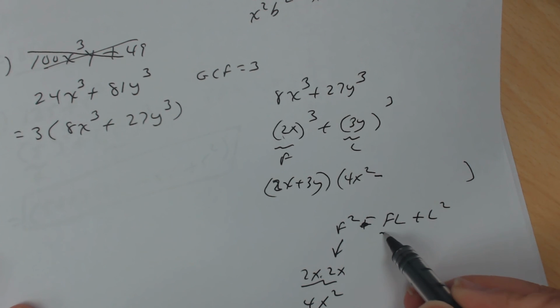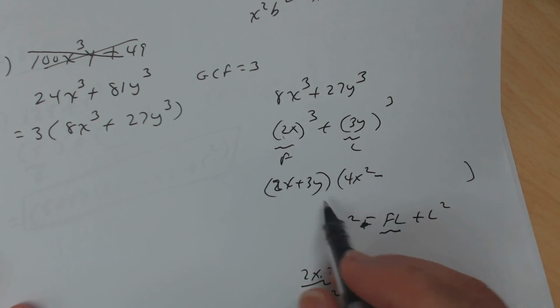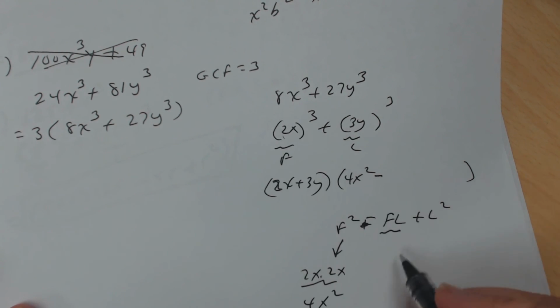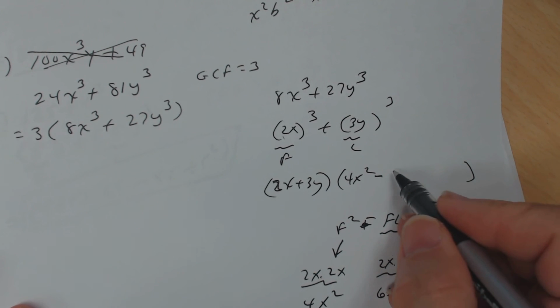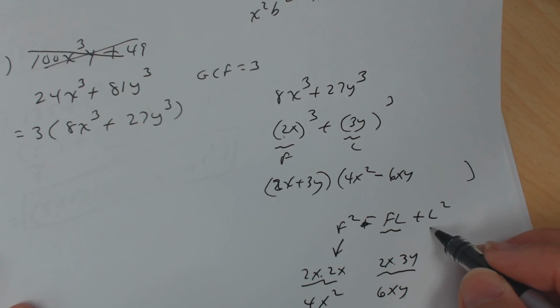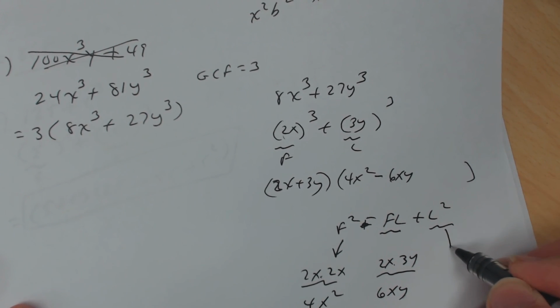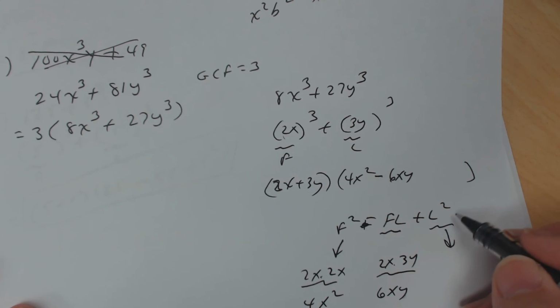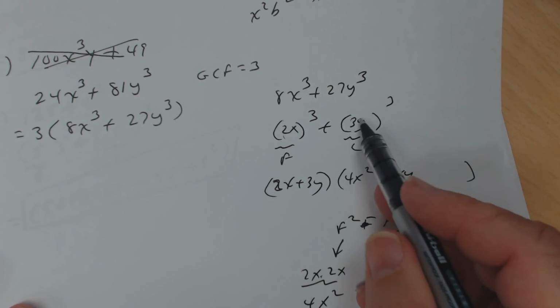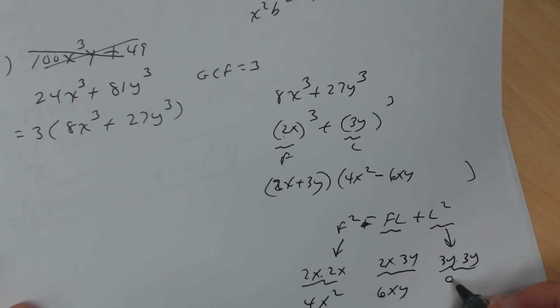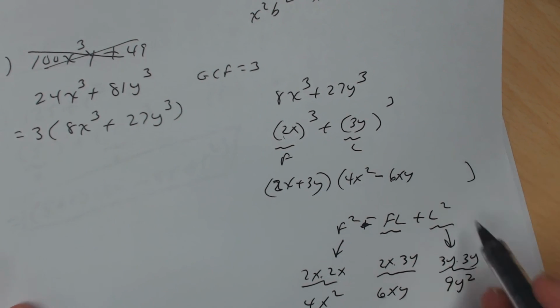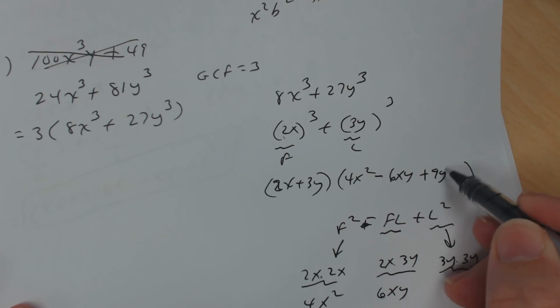This says I take F and L and multiply them together. F is 2x, L is 3y. When I multiply them, I get 6xy. So that goes here. And then this says I take L and I square it. So L is 3y, and 3y times 3y is 9y squared. So that goes here, plus 9y squared.